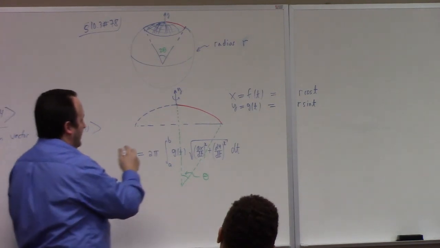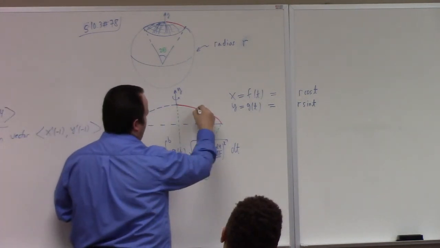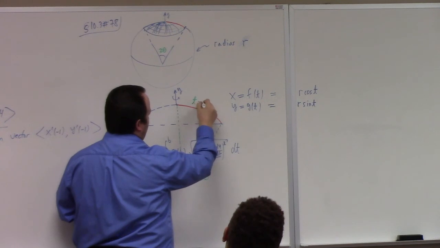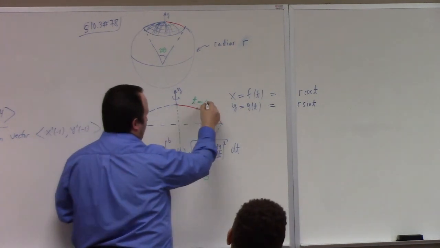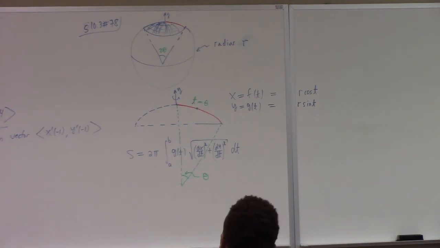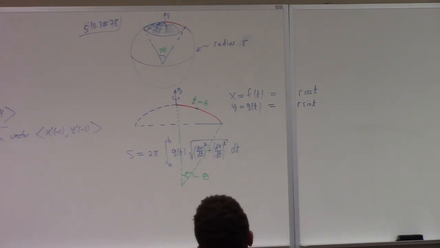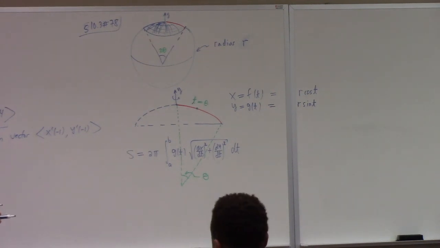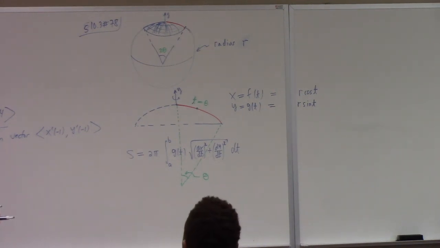So if we want to make t equal to theta, if we want to think of theta as a variable, right? Wouldn't that be the integral of f of t, and not the integral of g of t, if you're revolving it around the y-axis?